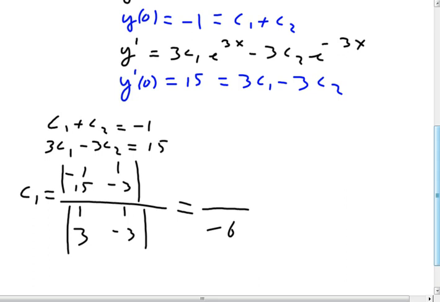On the top I have 12. So c1 is going to be minus 2. Well, if c1's minus 2, then c2 had best be 1, right? Times 3 is 6, plus 3 is 9.